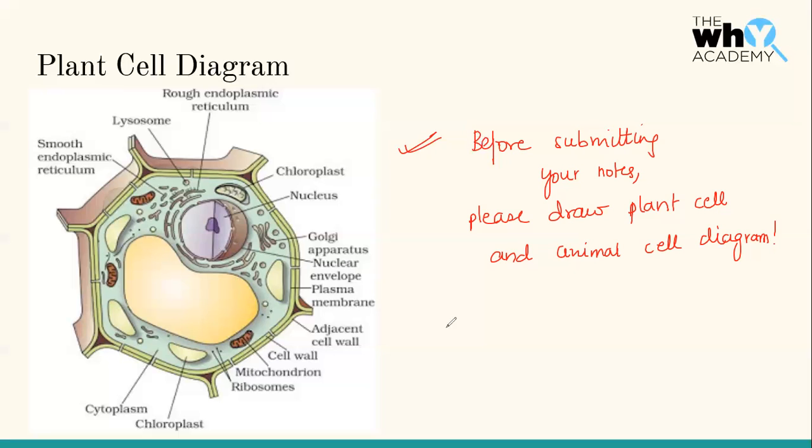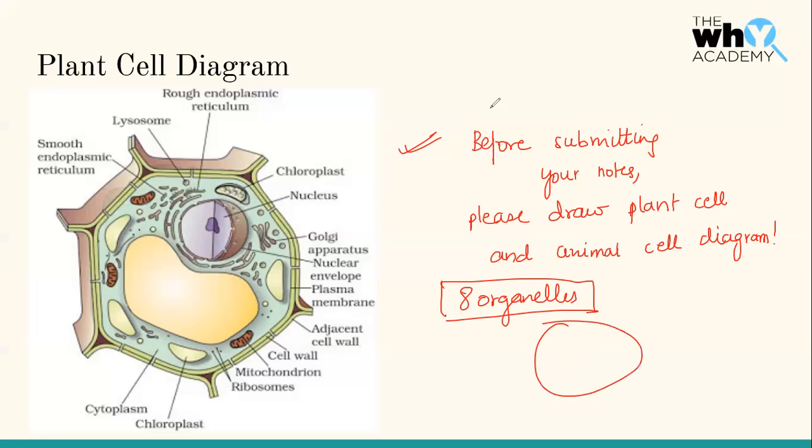Just make sure the organelles that we have studied are there. We studied 8 organelles, correct? Wherever it is applicable in plant or animal cell, make sure the organelles are there. That is important. Whether your diagram is 3D or 2D or just a rough sketch, that does not really matter.